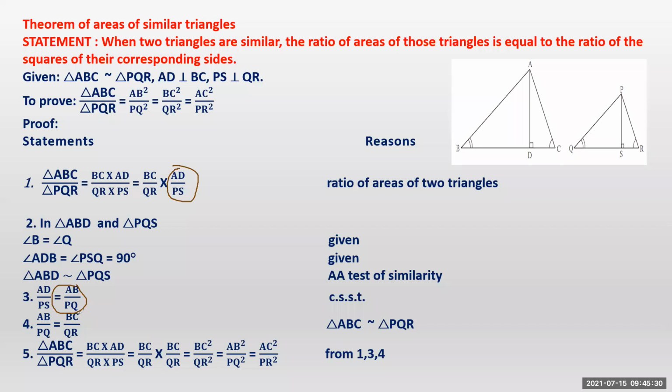But AB upon PQ is what? BC upon QR. So you put that as BC upon QR, and already BC upon QR is there with you. So we'll get BC square upon QR square. Similarly, you can get AB square upon PQ square, AC square upon PR square.